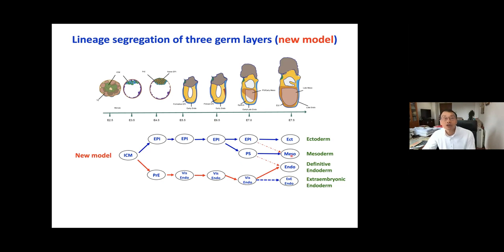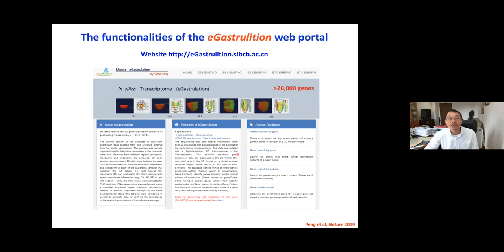We have also set up a web portal for more than 20,000 genes. You can see the differential expression patterns for each gene, in 2-dimension and 3-dimension also.